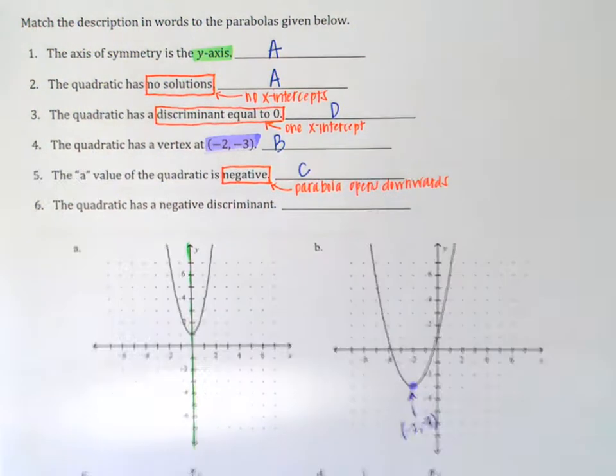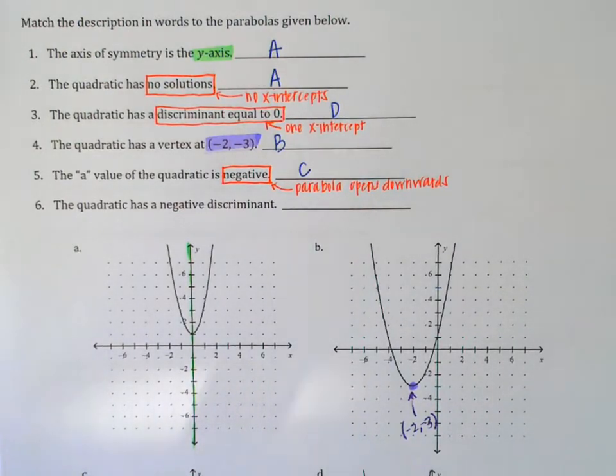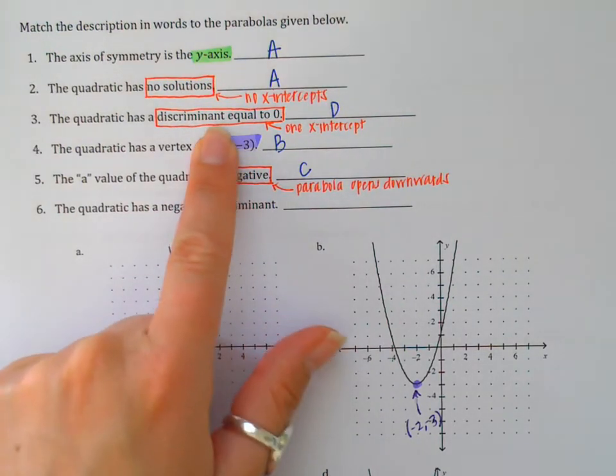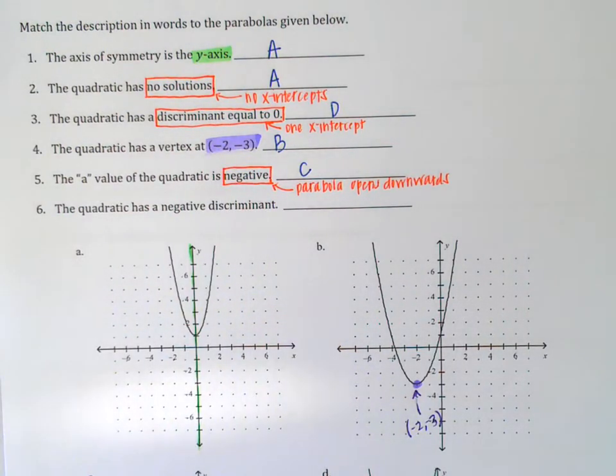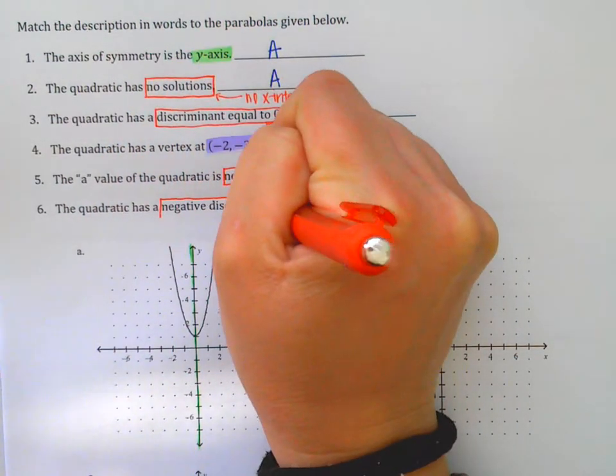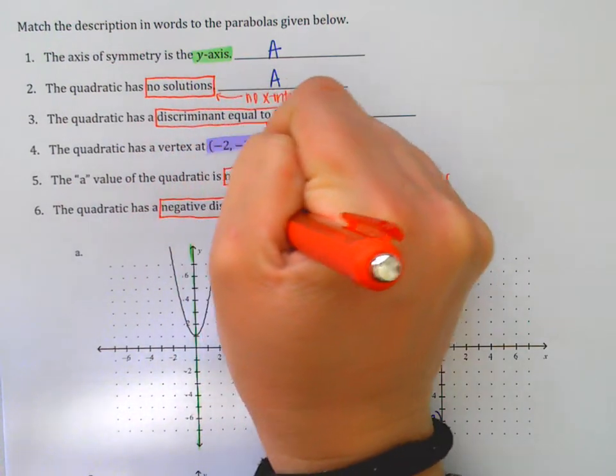Okay, last one, the quadratic has a negative discriminant. Now, remember, we talked about discriminants up here. When we have a positive, there's 2. When it's 0, it was 1. And so a negative discriminant means there are no solutions, which we have already talked about.